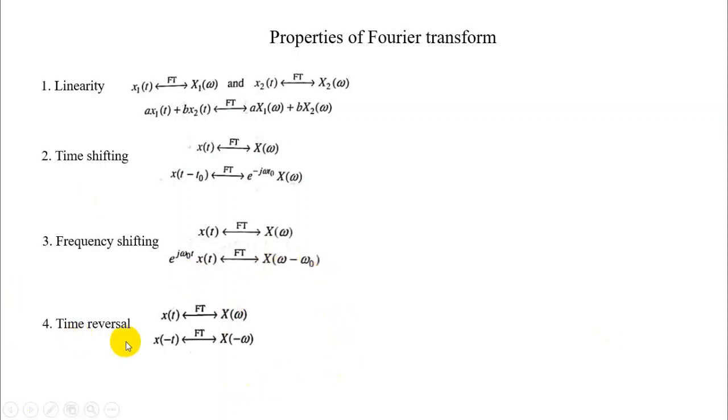The fourth one is time reversal. As with the previous properties, if you know the Fourier transform of a signal and you have to determine the Fourier transform of x(minus t), you just replace X(omega) with X(minus omega).